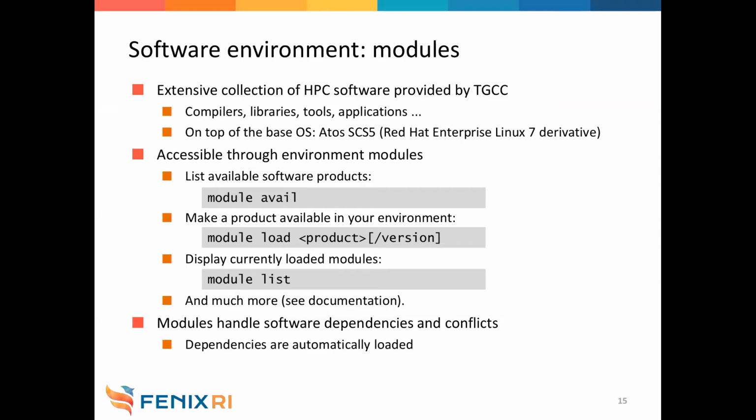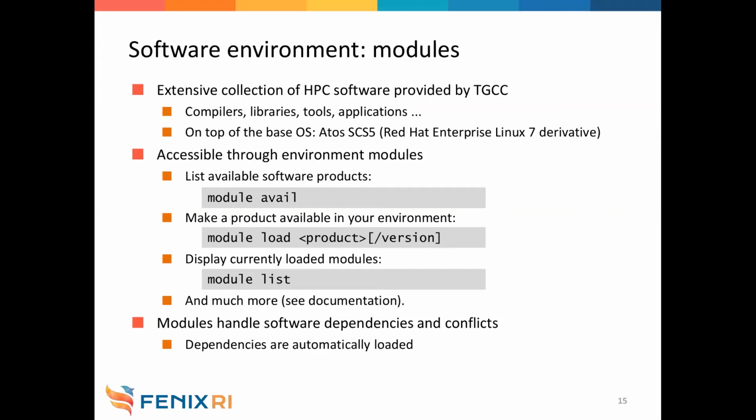Module avail lists what software is available. Module load makes it possible to load the environments needed to use a given product. You can specify a version. Module list shows you what's currently loaded. You can take a look at the documentation for all other module commands available.